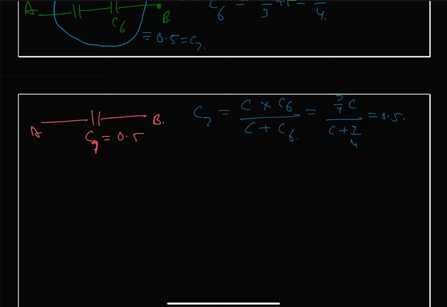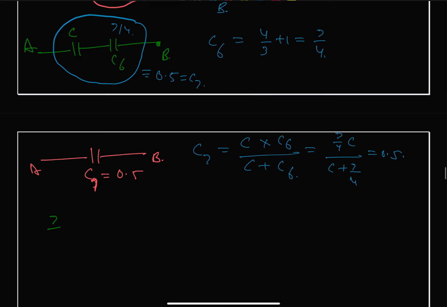We get 7 by 3 times C is equal to 0.5 multiplied by C plus 7 by 3 times 0.5.